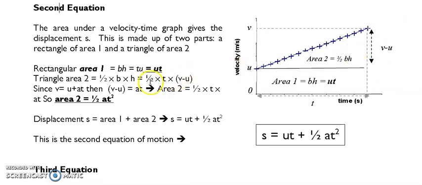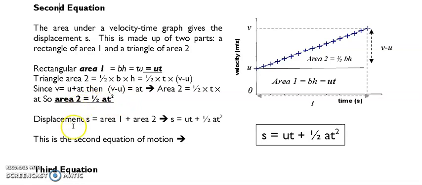So back to area 2. We've said that area 2 is a half times t times v minus u. But as I've just explained, v minus u is the same as a times t from that first equation of motion. So instead of writing v minus u here, we can substitute in at. Then the area of triangle 2 would be a half times t times at, which gives us a half at squared.